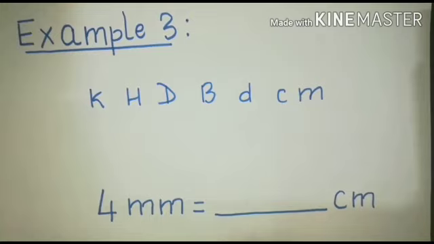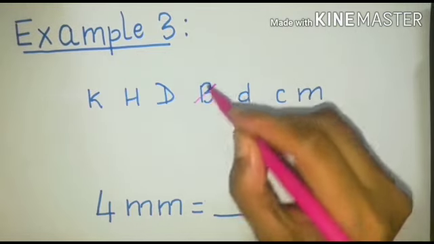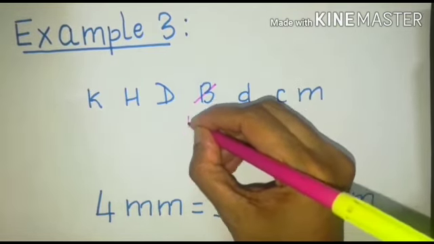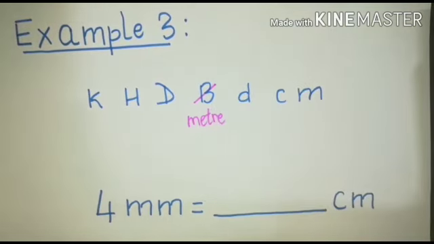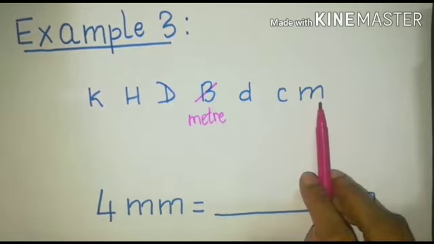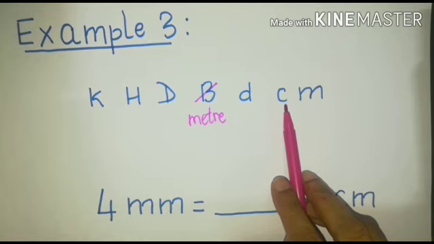Let us look at example 3. 4 millimeter is equal to dash centimeter. Since the base unit is meter, I will cut B and I will write meter. Now, millimeter is at the end here and centimeter is here to the left of millimeter.